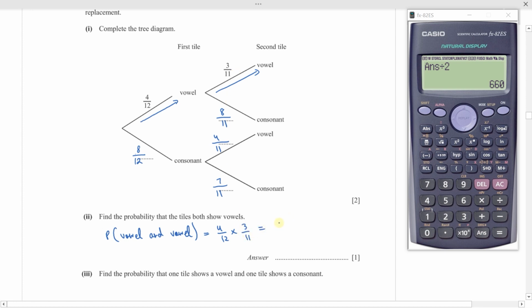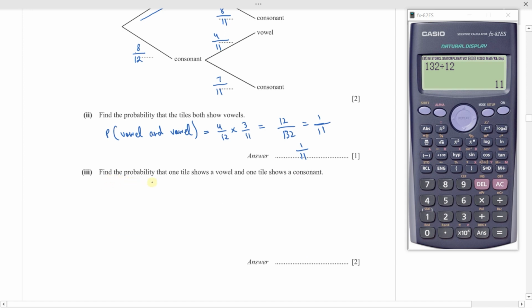So this will be 12 over 12 into 11, which is 12 over 132, and I can simplify it. This will be 1 over 11, since 132 divided by 12 is 11. So 1 over 11 is the probability that both the tiles are vowels.